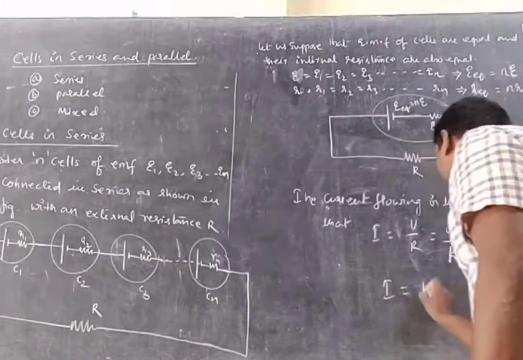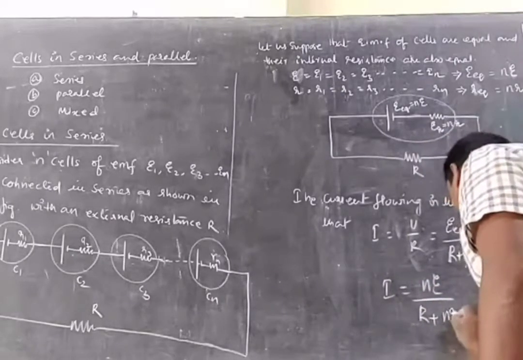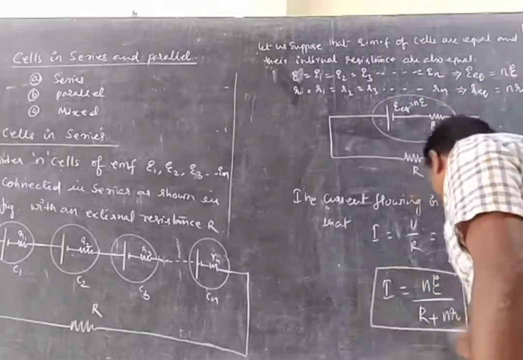Therefore, I is equal to nE by R plus nr.